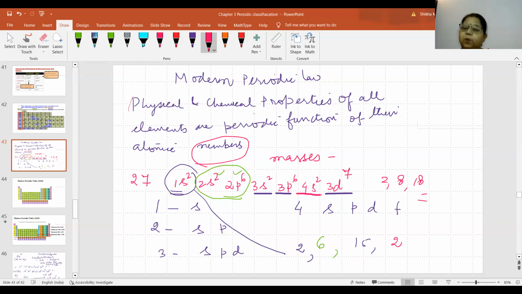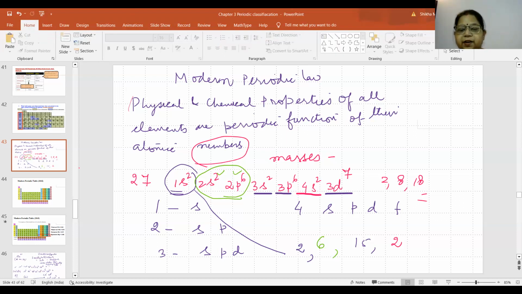Now the question arises, why do I have you do this? First of all, let me know if anyone has any doubt in this concept. No. Okay. See, when we talk about the modern periodic table, we have to assign a given atomic number a particular position in the periodic table. For that, both of them are important to us. Sometimes some of the students write this configuration not like this.